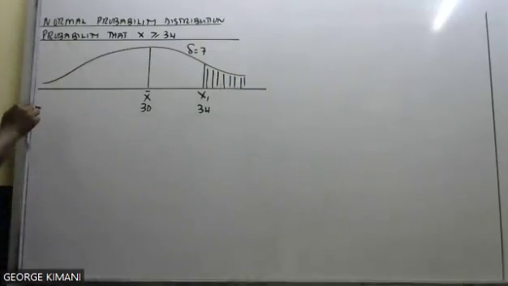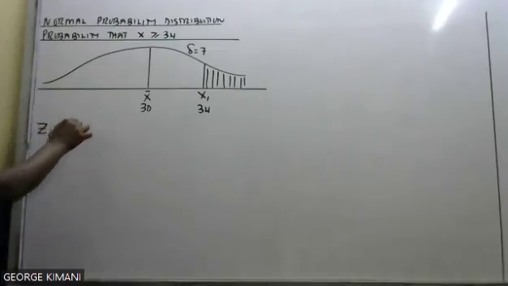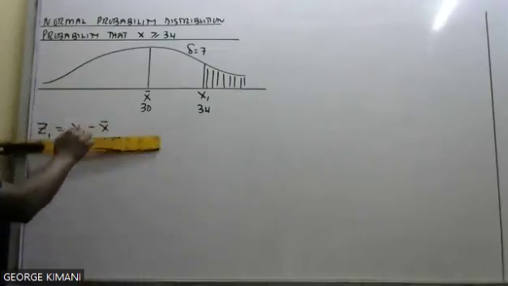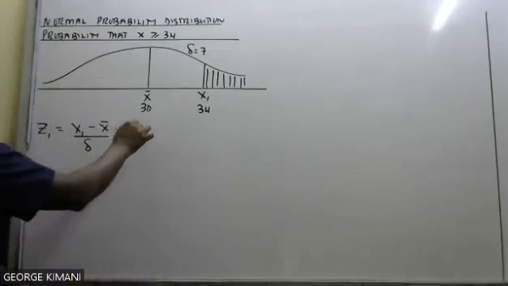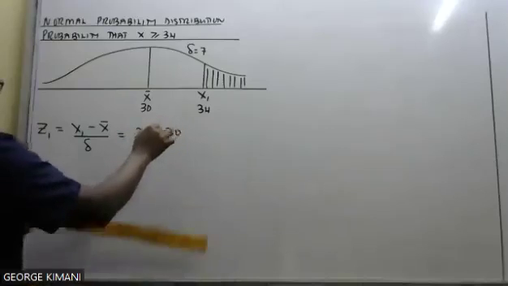So Z1 will be X1 minus X bar, you divide by standard deviation. So this is 34 minus 30.